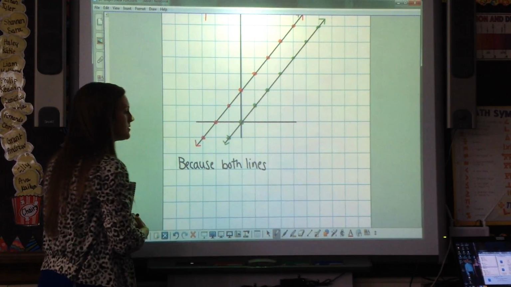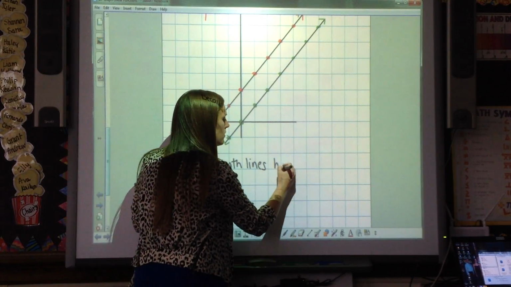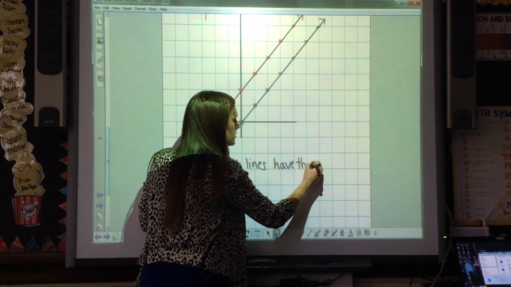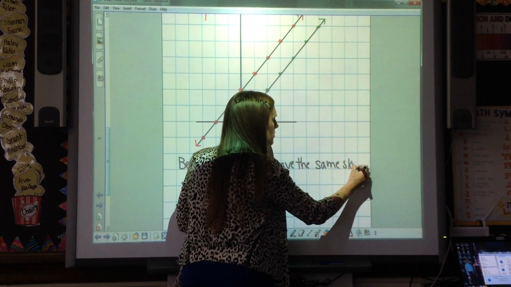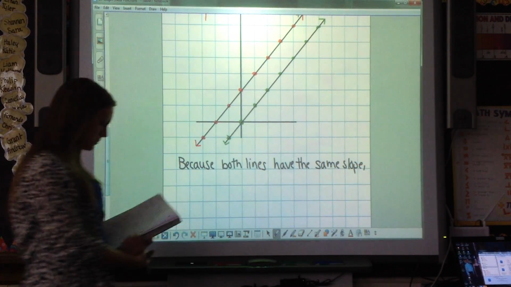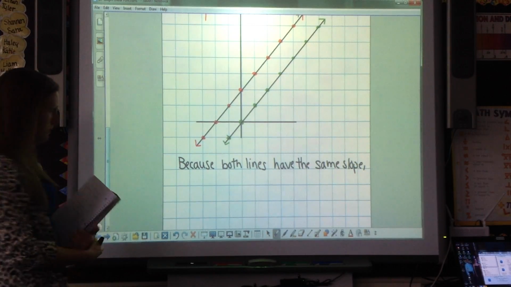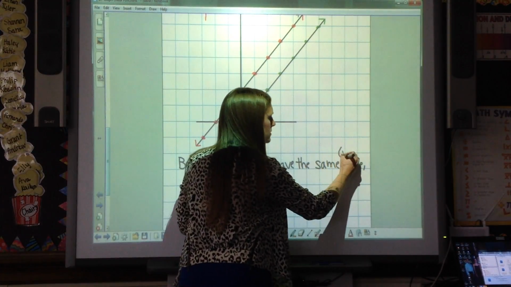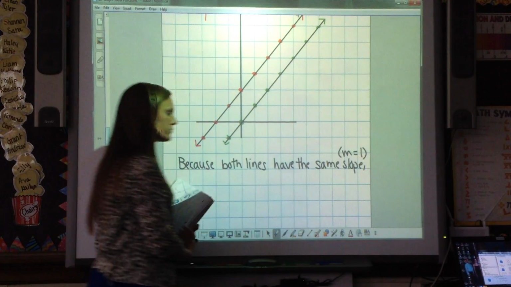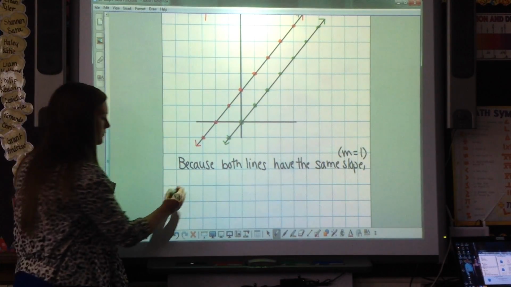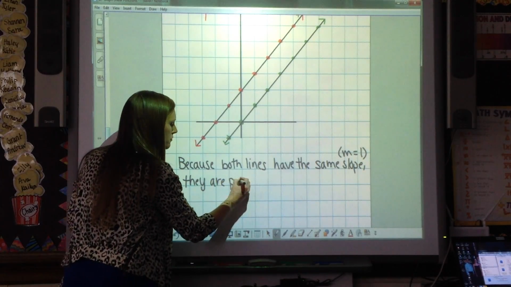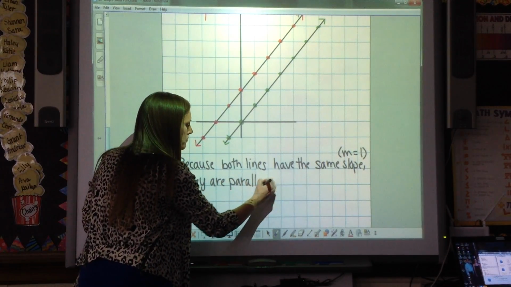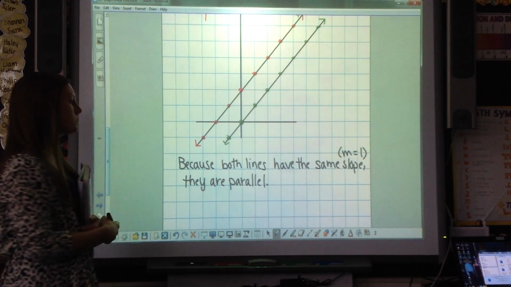Because both lines have the same slope, maybe you want to put what the slope is, they are parallel. Okay, so we describe the slope.